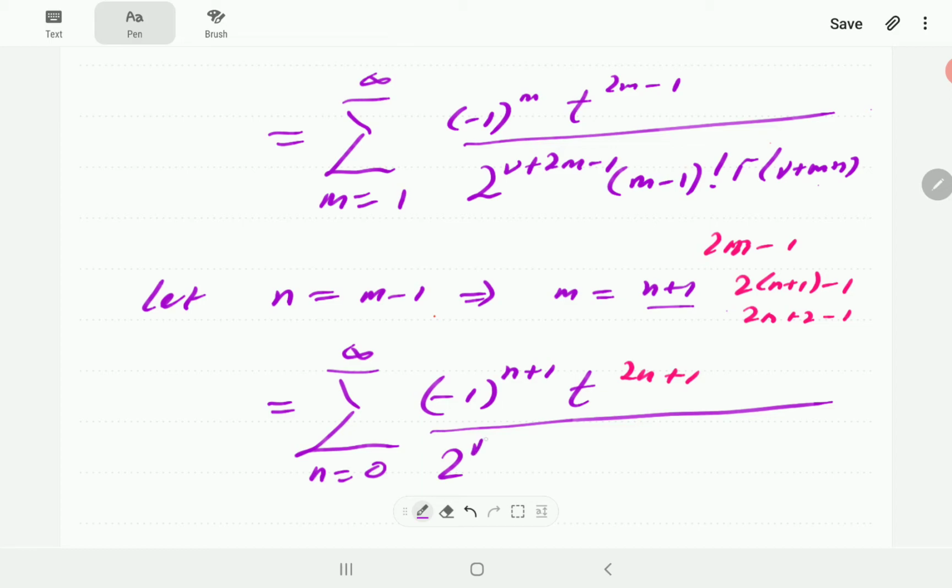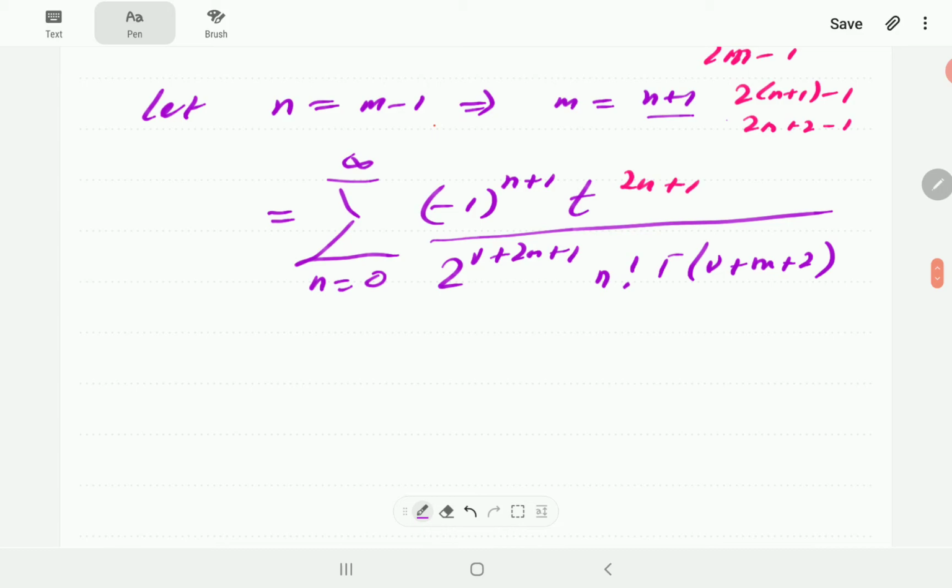It's going to be 2 to the power nu plus 2n plus 1. m minus 1 is n, so it becomes n factorial. And then there's going to be gamma of, m is n plus 1, so it's going to be nu plus n plus 2.